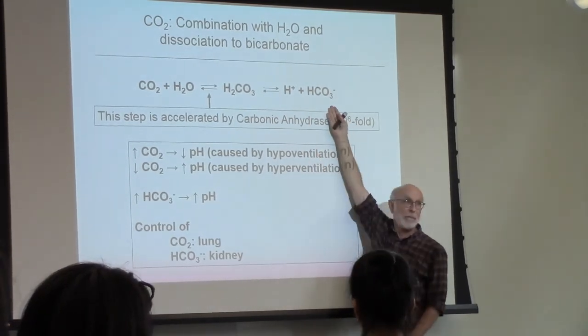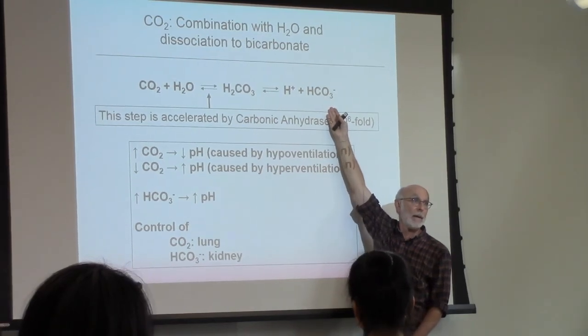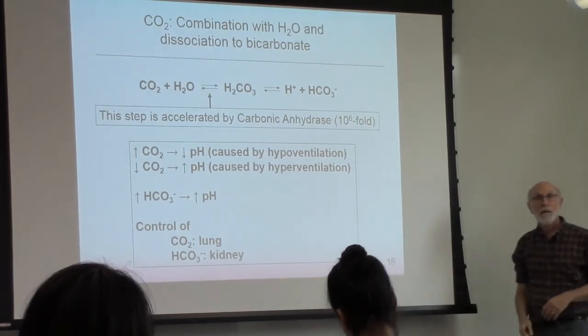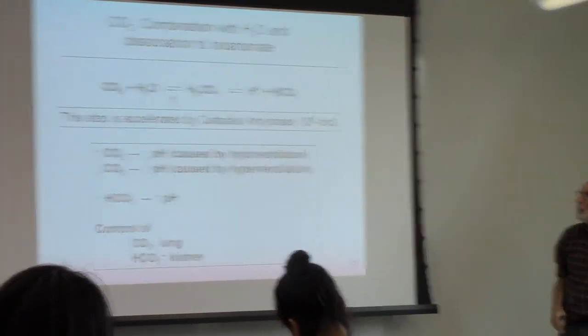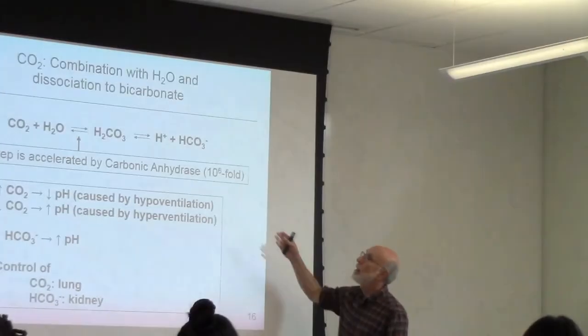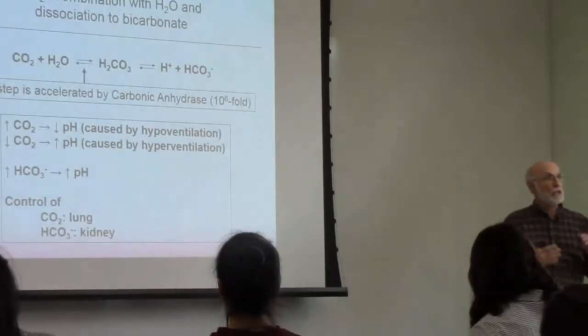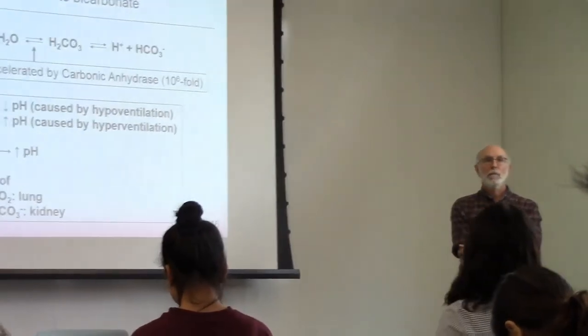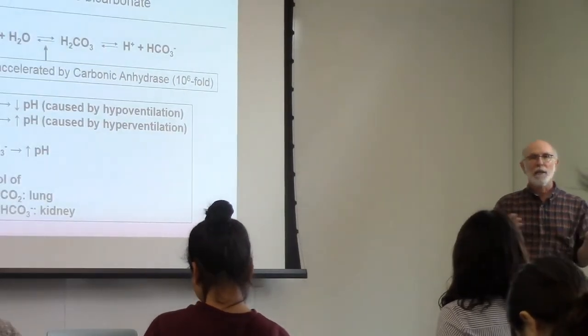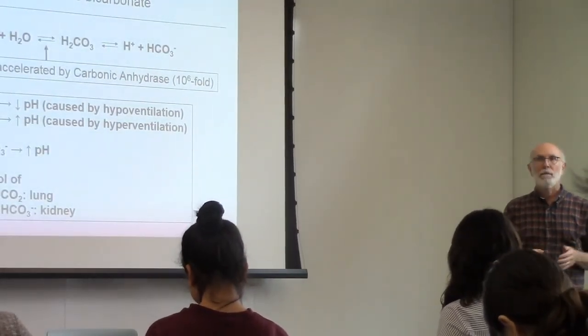And bicarbonate ion. Okay? So let's just use this equation. This is an equilibrium that I do want you to know. It's not exactly an equation, but it's an equilibrium condition.